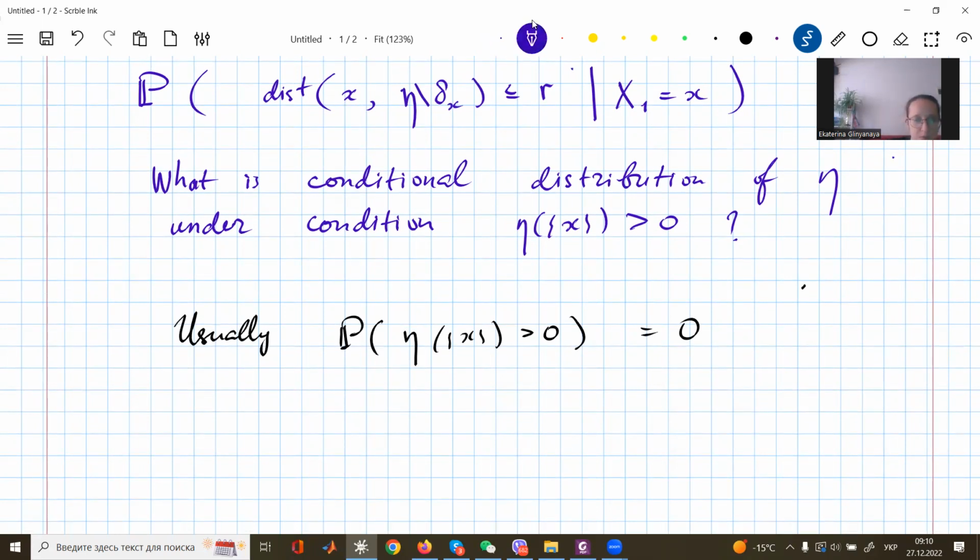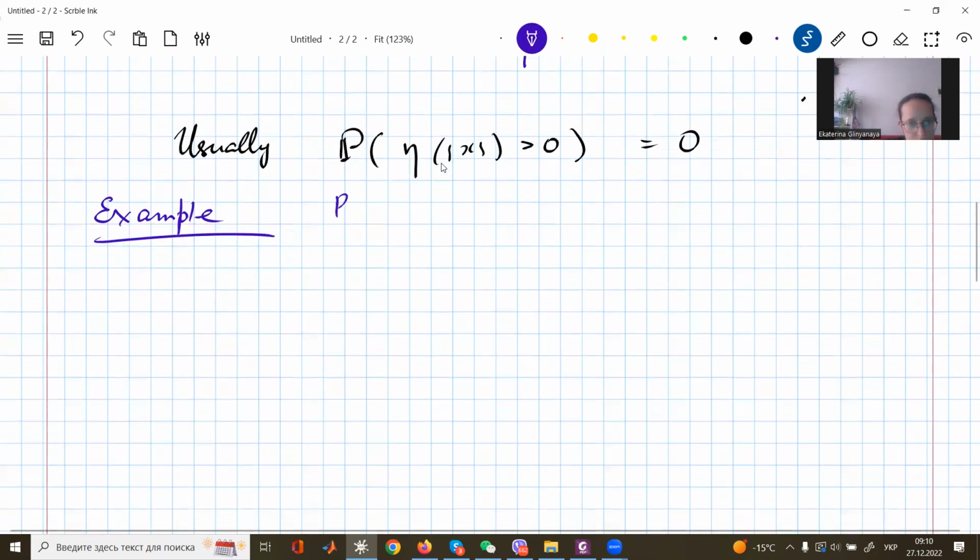Let's start from an example. If we consider a binomial point process, I recall that we have some number of independent identically distributed points. I consider them in the unit square [0,1]^2, for example.